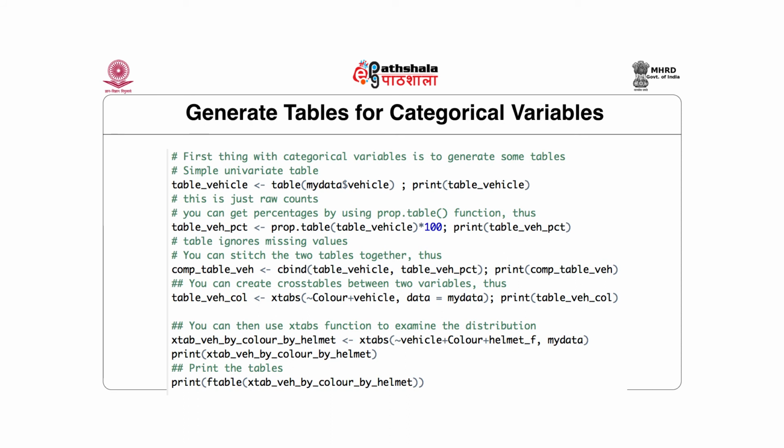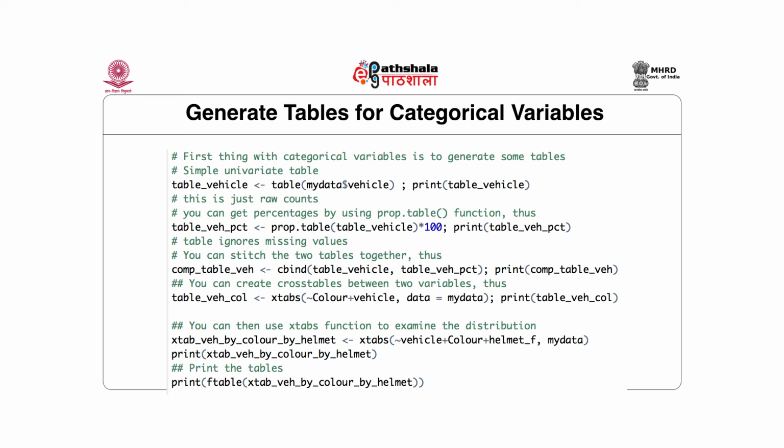The simple thing to do in order to tabulate a categorical variable is to use the function called table. Here, for example, we have a variable called vehicle, which is essentially a categorical variable, and I have just used the function table in order to transform that into a simple table. When you do that, you just get the raw numbers.